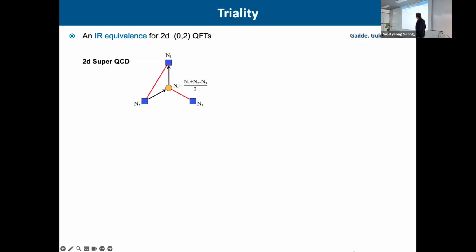One of the things that you see is that the rank of the gauge group is constrained by N1, N2, and N3, because in two-dimensional (0,2) theories, the gauginos contribute to the anomalies, so you cannot have anything here. So either fix N1, N2, and N3, and then the number of colors is fixed, for example. By the way, since it's allowed by symmetries, here there's a cubic coupling between this Fermi and these two chirals, right?